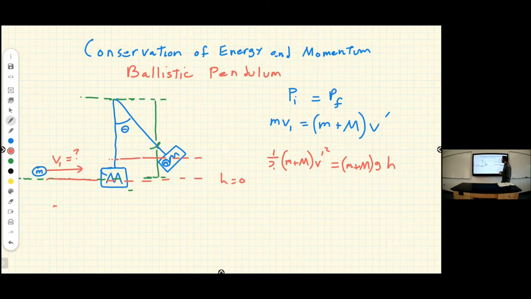There's going to be some geometry and some trigonometry involved in figuring out what that height is. But here's a key step. Keep in mind that the length of the pendulum arm is L. Whether it's hanging vertically or it's up at this angle, that distance is L either way.